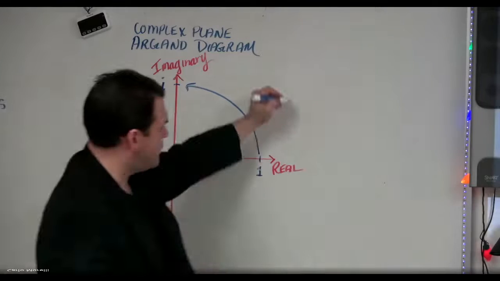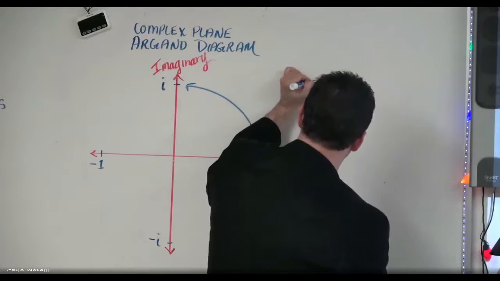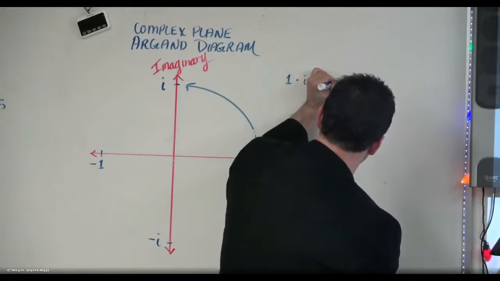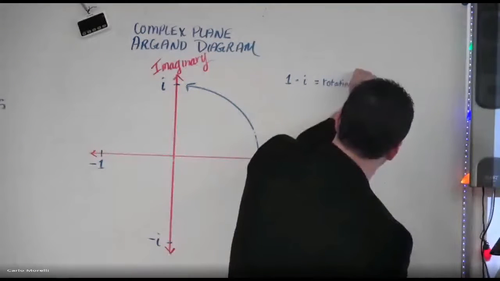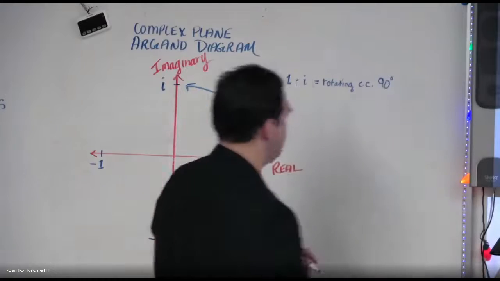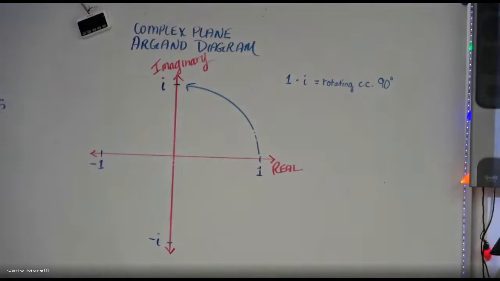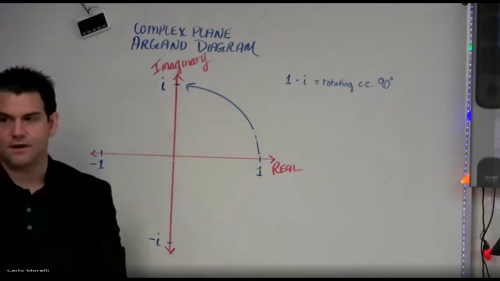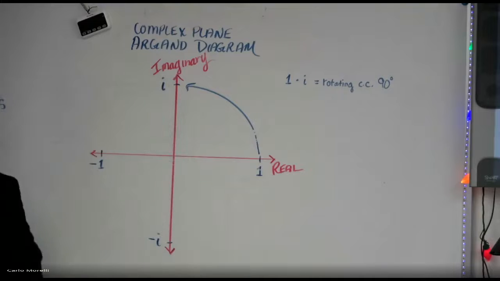So you started at 1, and you multiplied by i, and that ended up rotating counterclockwise, which I'll call CC, by 90 degrees. And now you're at i. So I'm going to say this out loud. i is merely a 90-degree counterclockwise rotation out of the real axis purely onto the imaginary axis.